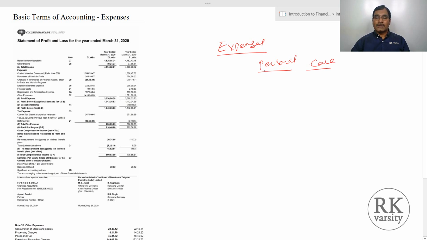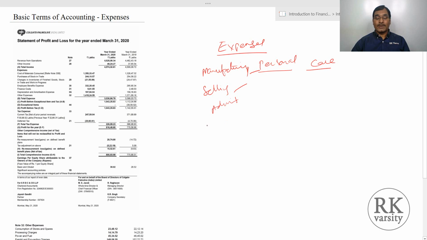So to sell their products and services, they spend different kinds of expenses, like expenses on manufacturing of these particular products. Then they spend expenditure on selling and administrative.